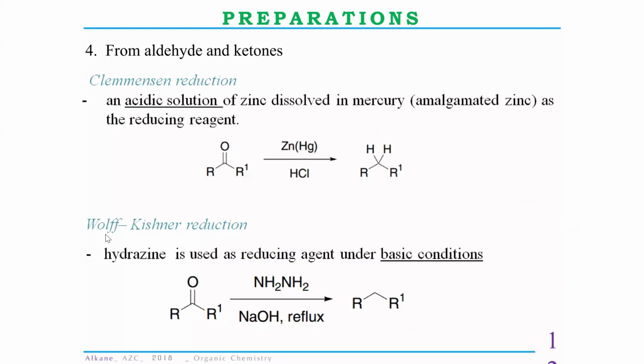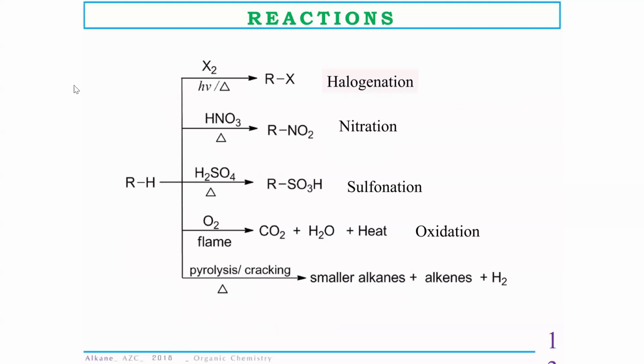So the next thing is the reactions of alkanes. This includes, first, halogenation. When you say halogenation, it means addition of halogen members, which usually happens in the presence of UV light, that is ultraviolet, and heat.